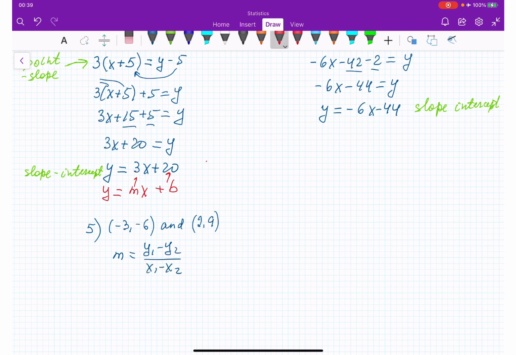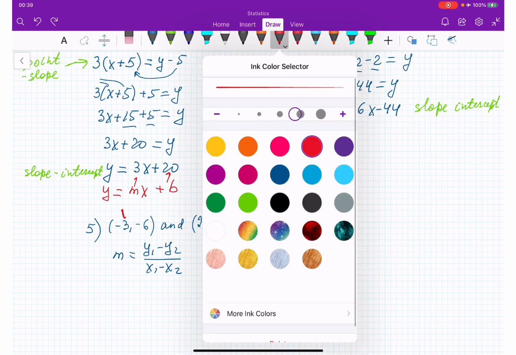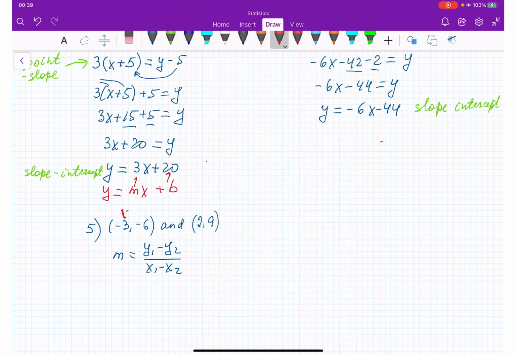Okay, x1, y1, x2, y2. So it's going to be equal to, y1 is what?